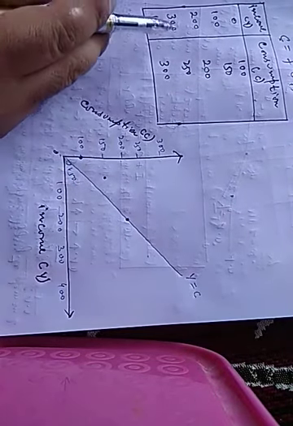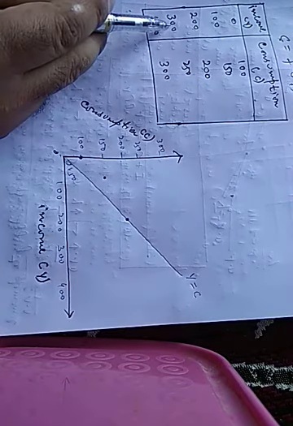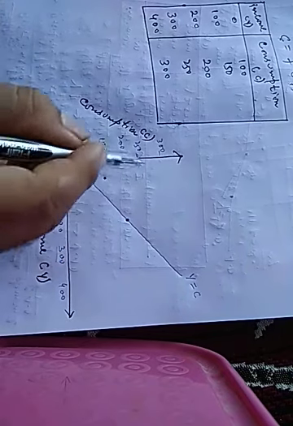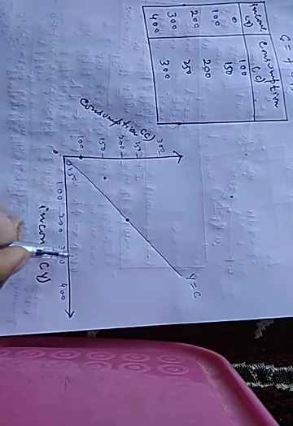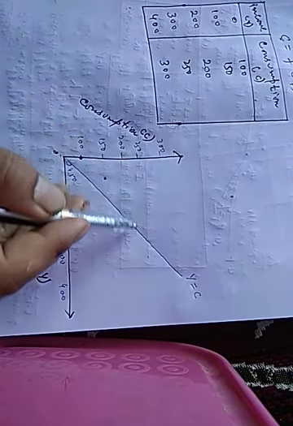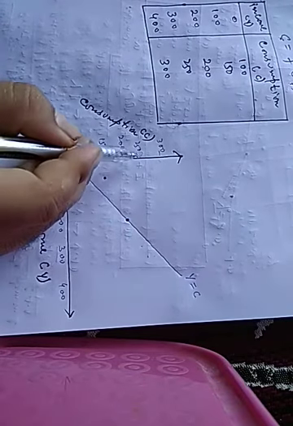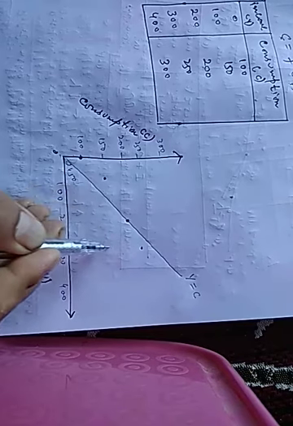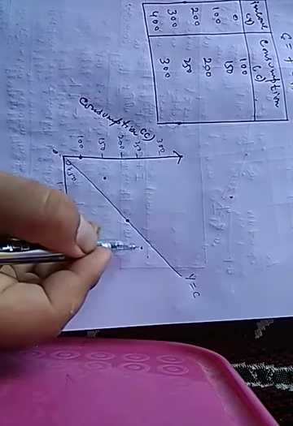When income further increases to 300, consumption is only 250 units, which means it lies below this line.